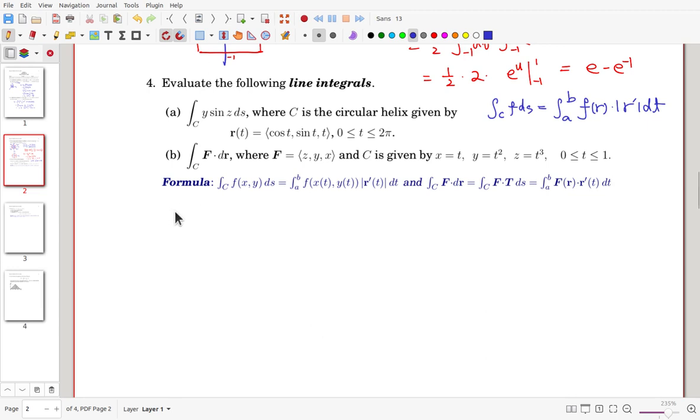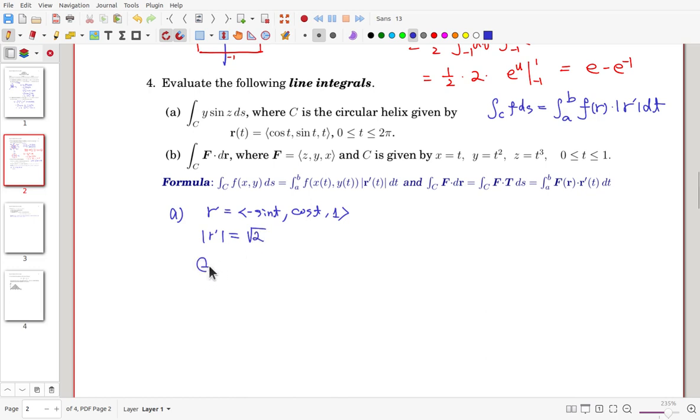And for part A, we have to get the scaling factor. That is minus sine t, and that is now cosine t, and this is 1, so r prime, the length, is the square root of this squared plus that squared plus 1 squared, which is 1 plus 1, so the square root of 2, right?